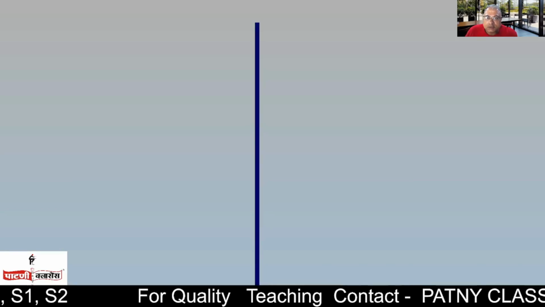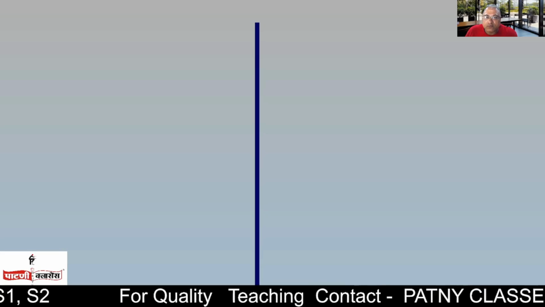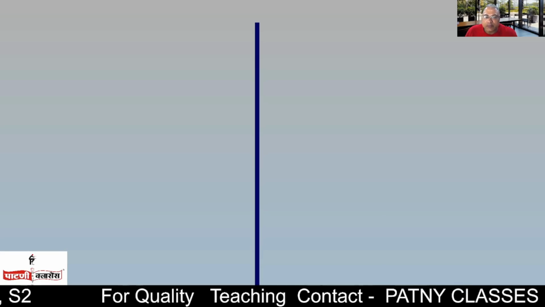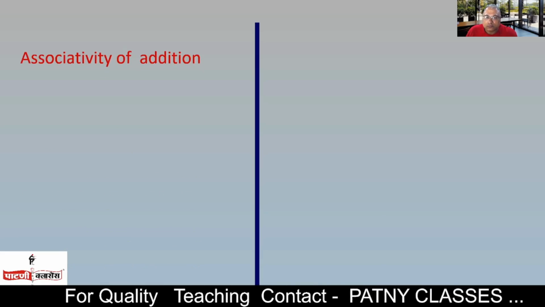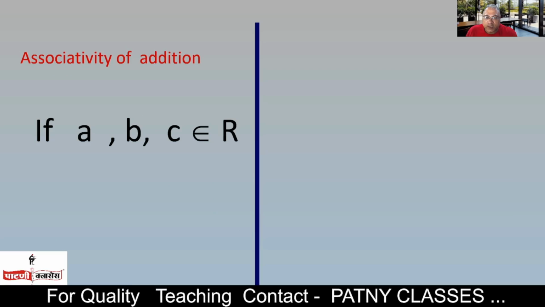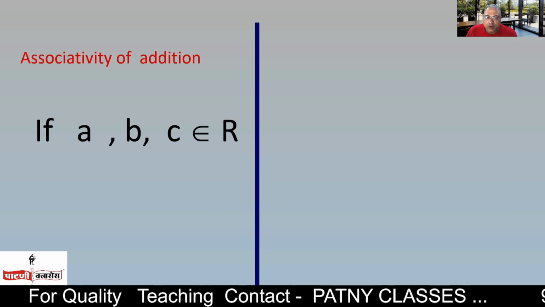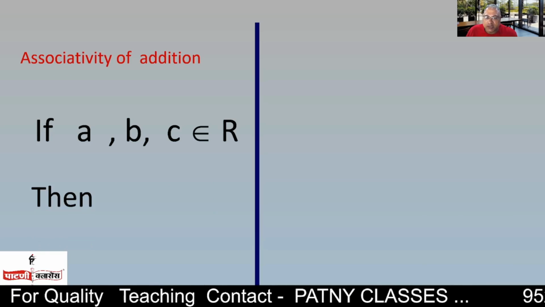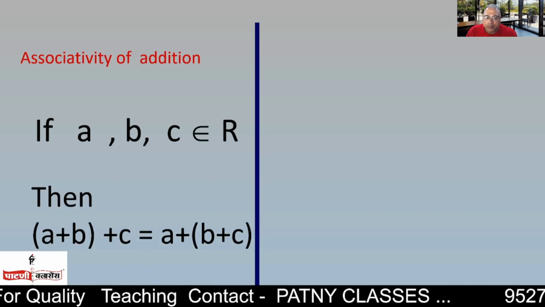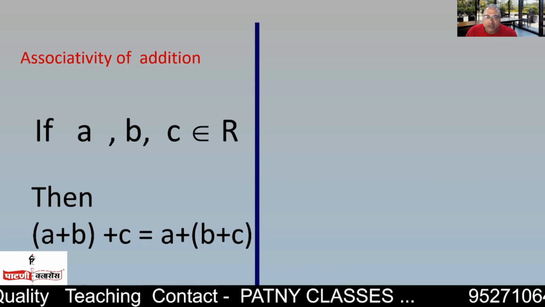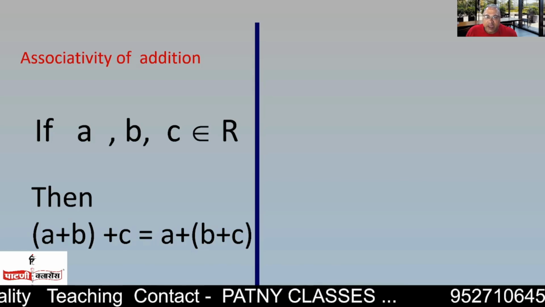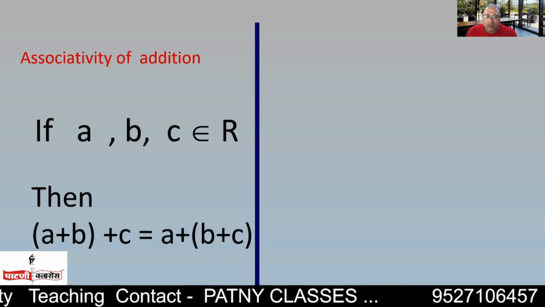Thus, associativity of addition and multiplication of real numbers can be stated as follows. If a, b, c belongs to R, then (a plus b) plus c equals a plus (b plus c). This is the technical definition of associativity of addition of real numbers.